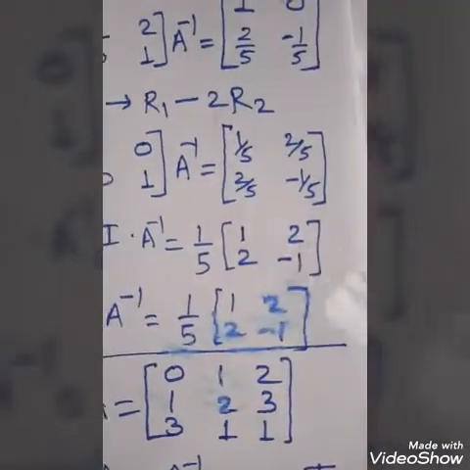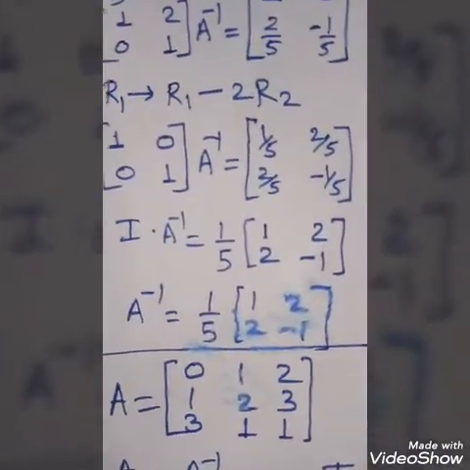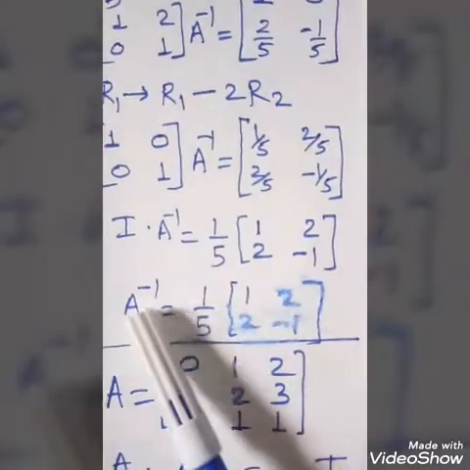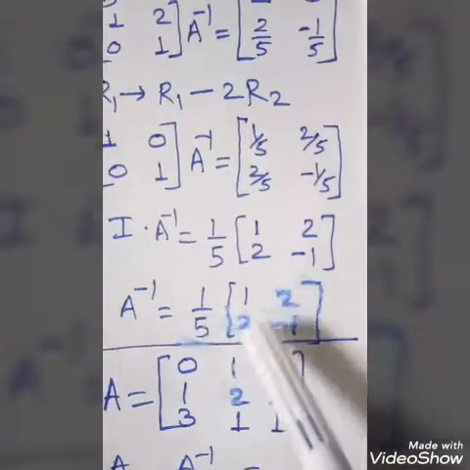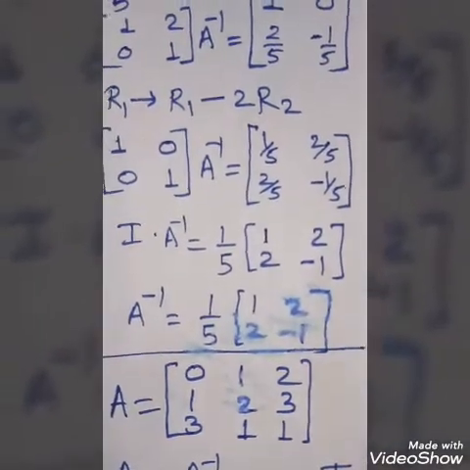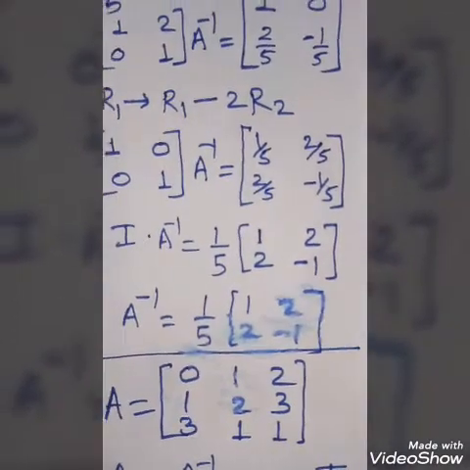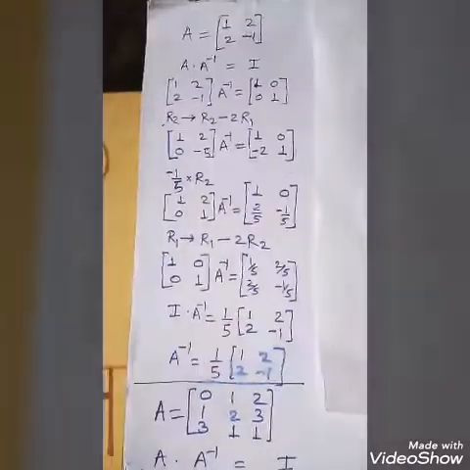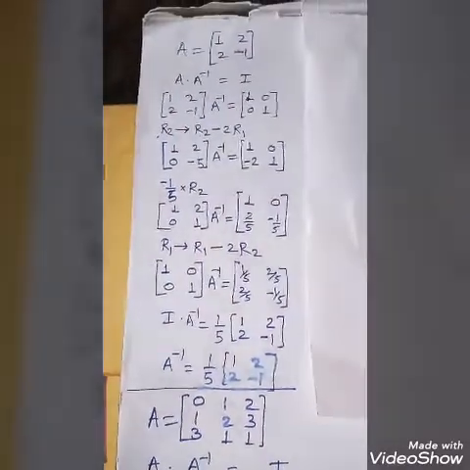In this way you get the inverse of matrix: A inverse is equal to 1/5 times 1 2 2 minus 1. I think everyone understands how to find inverse of order 2 matrix.